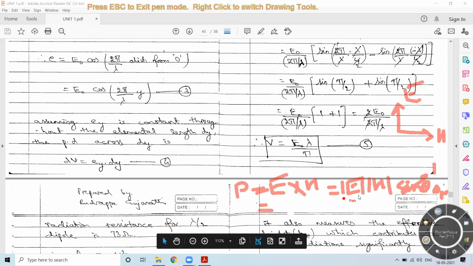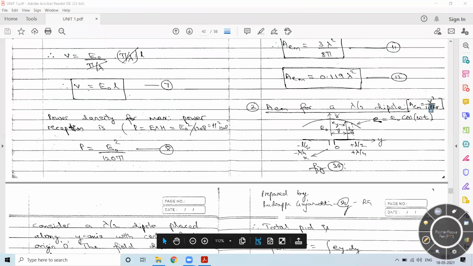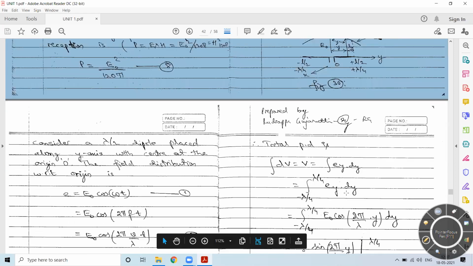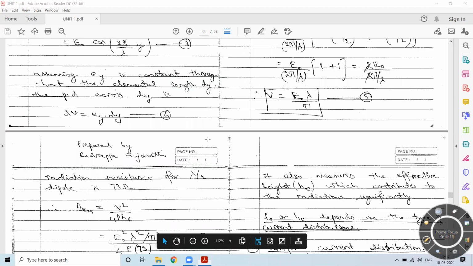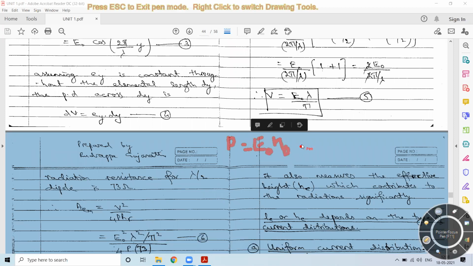And if I just take the magnitude values, in this case the magnitude of E is E naught and the magnitude of H is H naught. So we obtain the equation for P in terms of just the magnitude parameters as E naught into H naught, into the normalized vector, which I'll avoid for the time being.